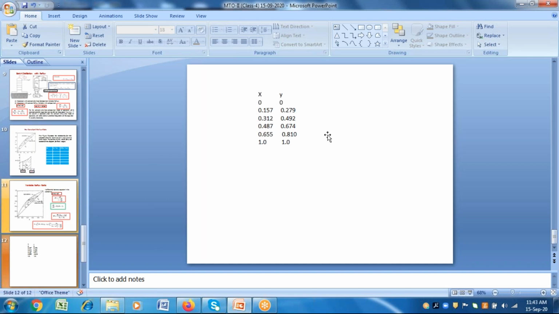So please do that, and don't send without a file name. You send roll number, and in the bracket exercise 4.